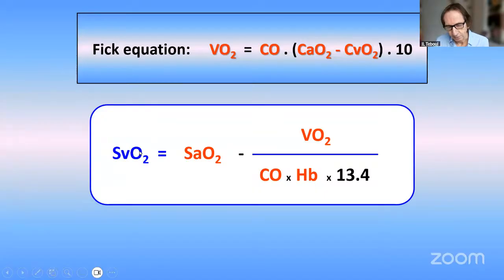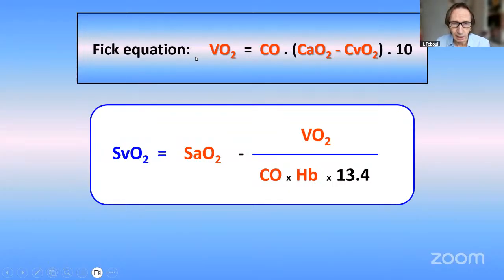which is simpler and which uses only SVO2. This equation is: SVO2 equals SaO2, the oxygen saturation, minus this ratio. And this ratio is VO2, oxygen consumption, divided by cardiac output times hemoglobin concentration times 13.4.